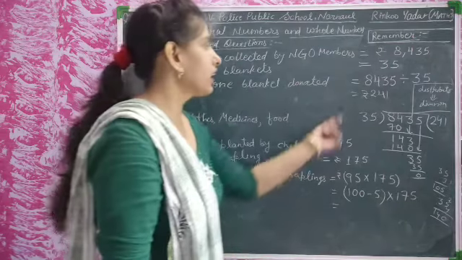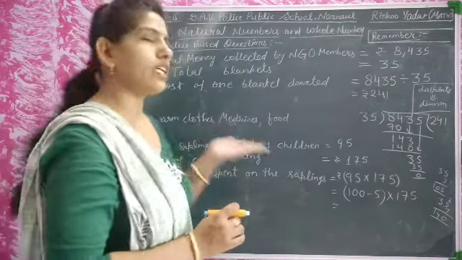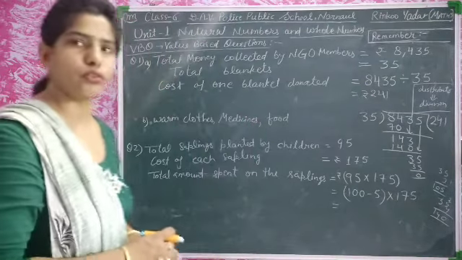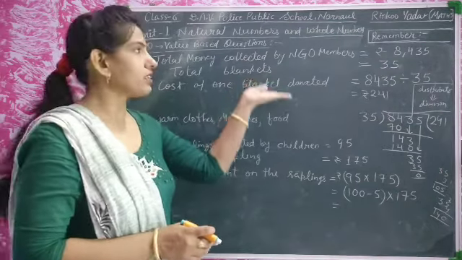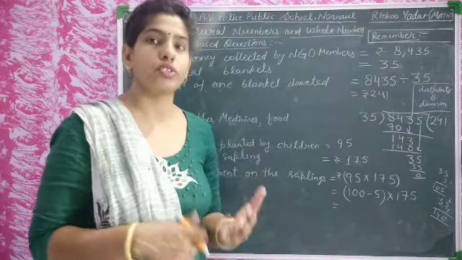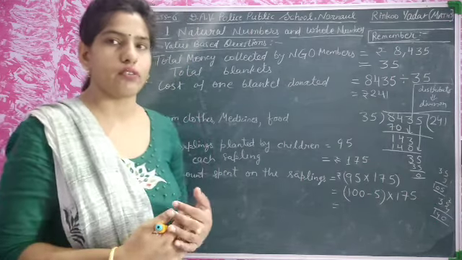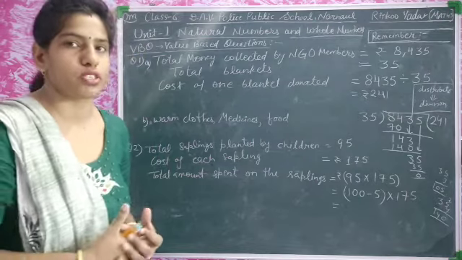Okay students. Now this is the question here, but we are also asked a value based question. What do you learn from this story? It is a story which tells us what values we are using in our life, or what values we have learned from this story.